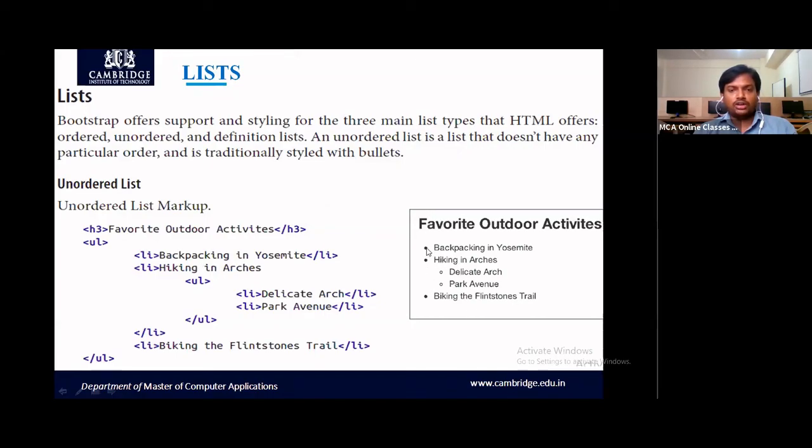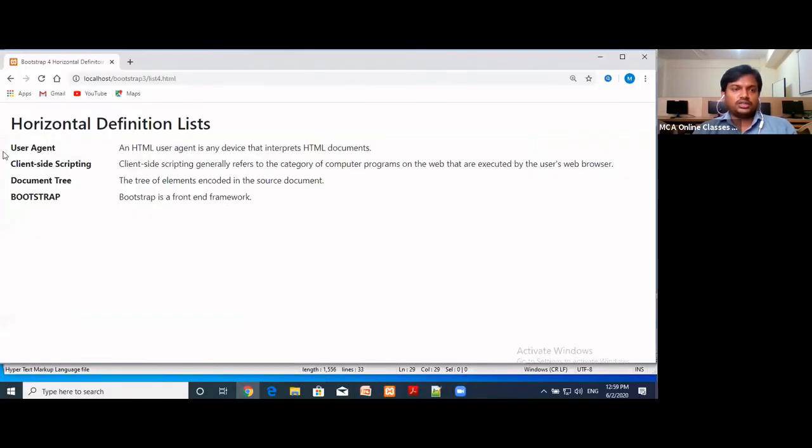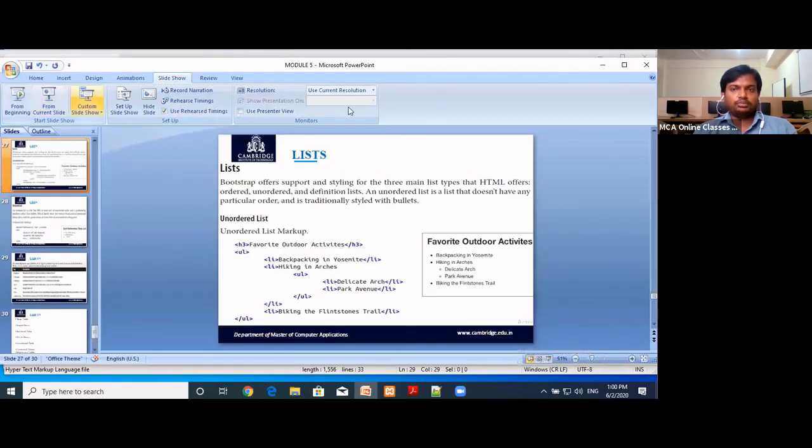For unordered, we use bullet points. And for definition list, first we have to use DL, DT stands for definition term, and DD stands for definition description. Like this, we can create the definition list. So this is about the 3 types of lists in Bootstrap.